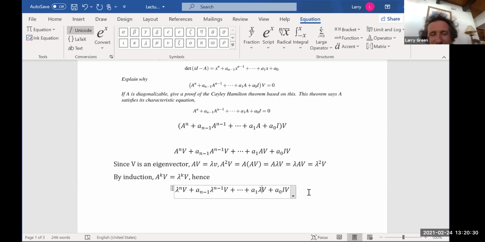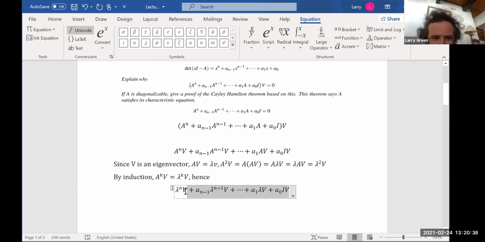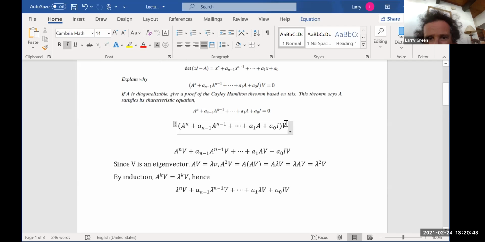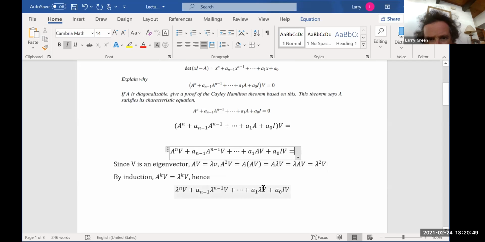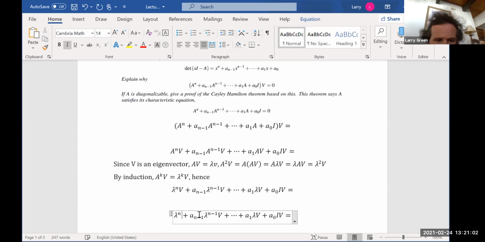All right, what can I do now? The hint is undo the first step. That's the hint. So what can I do now? Factor out V. Yeah, now I could factor out the V. So to do that, I guess I should have equals on all these. So factor out a V, so the V's are going to be moved to the outside.